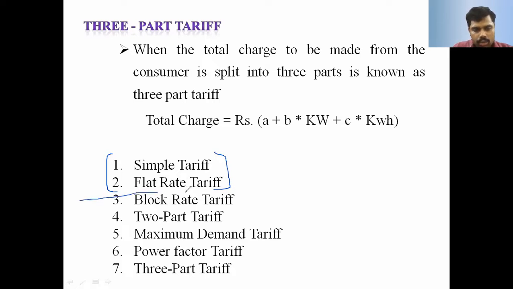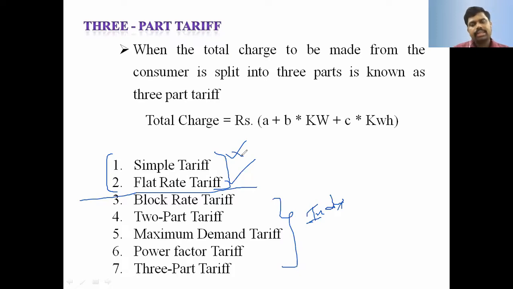The block rate, two-part, maximum demand, power factor, and three-part tariffs are only applicable for the industrial consumer. They are not applicable for domestic, irrigation, and municipal load, which use the simple and flat rate tariffs. But at present, we prefer the flat rate tariff. The simple tariff is not considered.